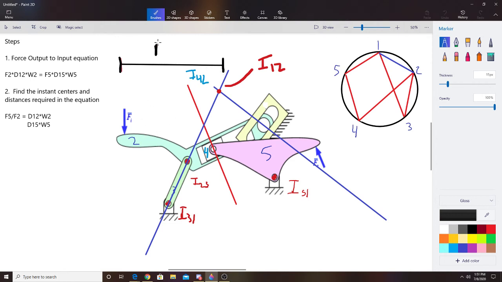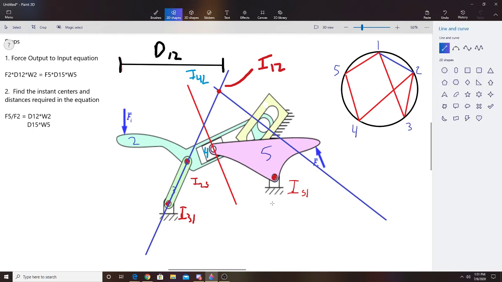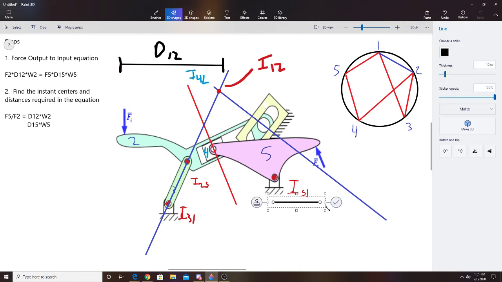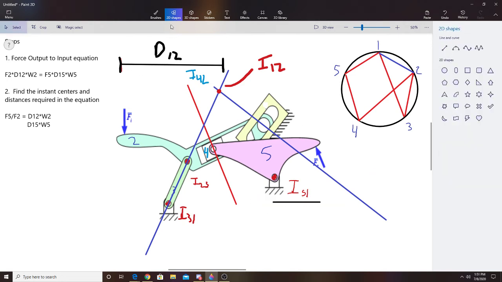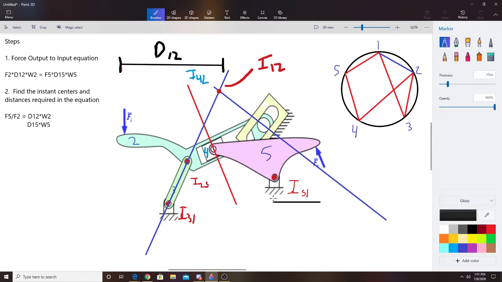D12 is right here, right? And D15 is from here to that point, although it's not going to be a straight line. We already knew where D15 was. But basically we know both of these now, D12 and D15.